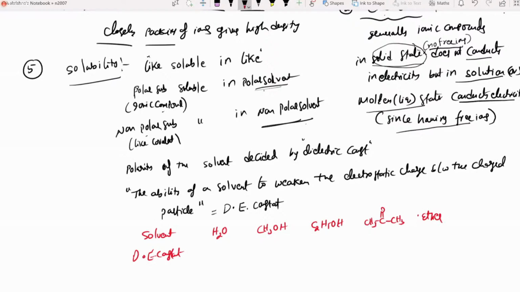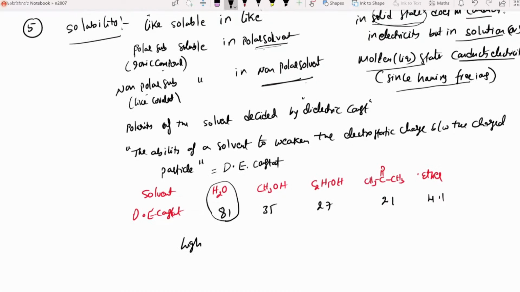I am writing the dielectric constant values: 81, 35, 27, 21, and 4.1.